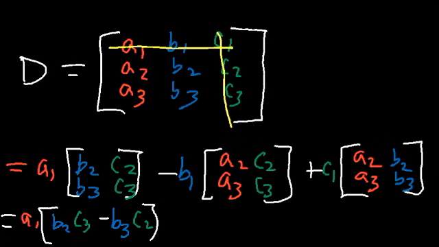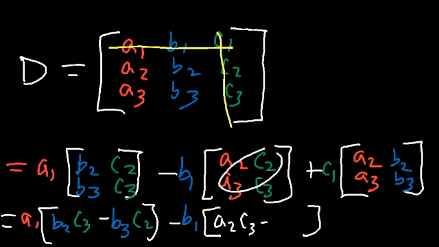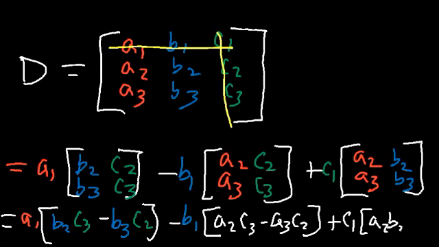So for the second one, it's going to be negative b1 times a2c3 minus a3c2. And for the last one, it's going to be plus c1 times a2b3 minus b2a3.